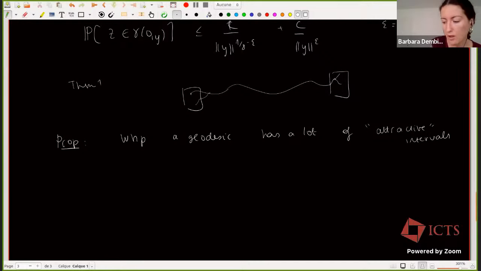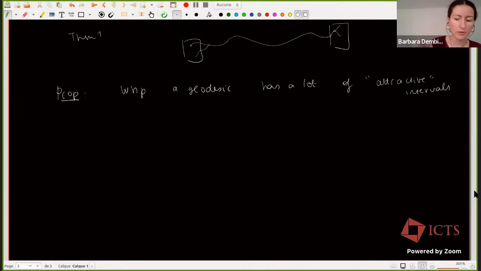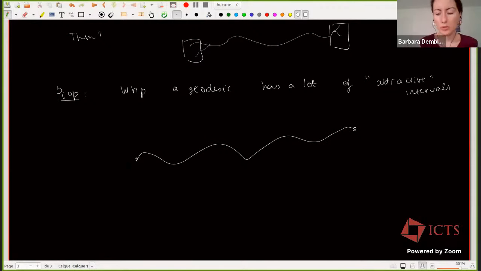I will explain roughly what it means to be an attractive interval. We have our geodesic like that, and let's say its total length is of order n. We will have two parameters, m and r, and they will both be some small power of n.